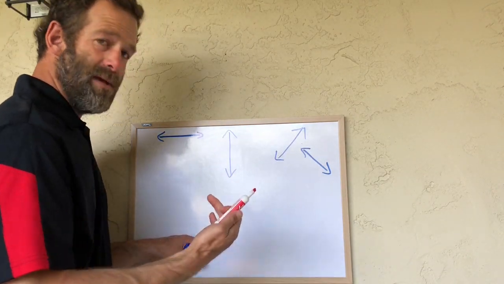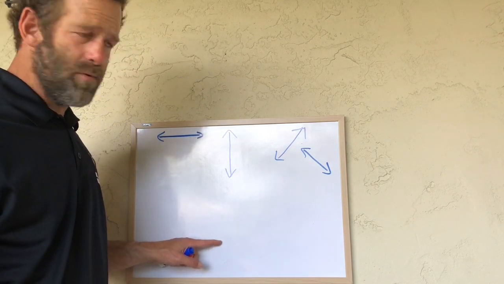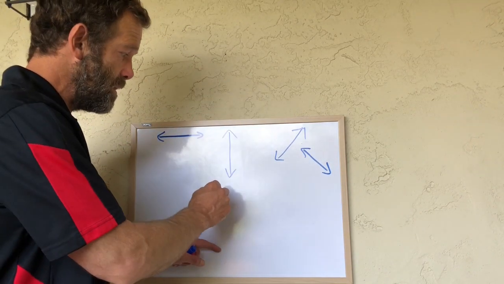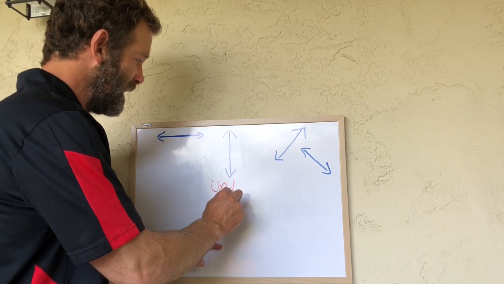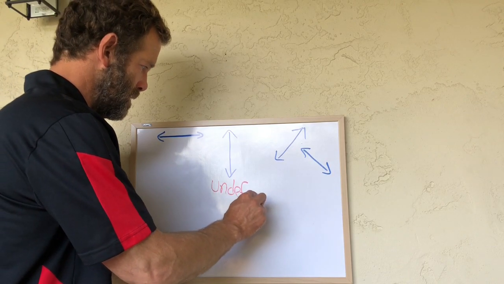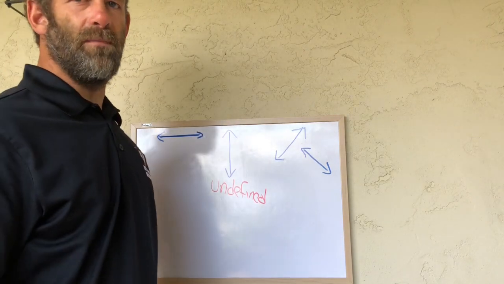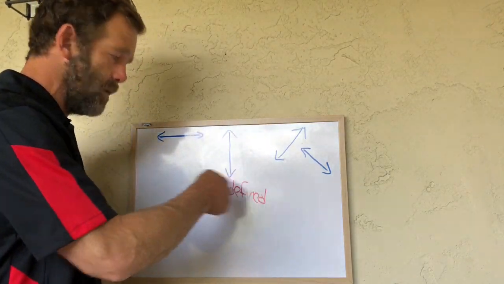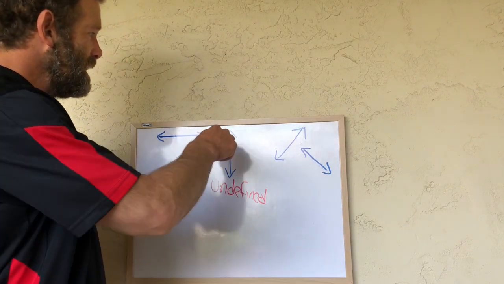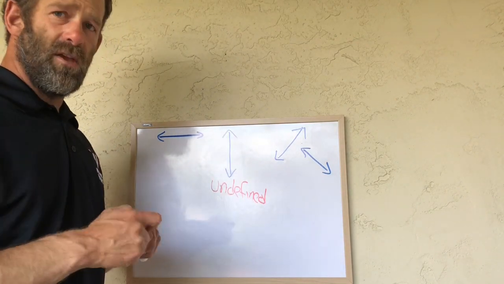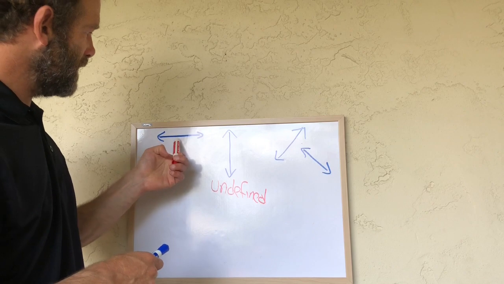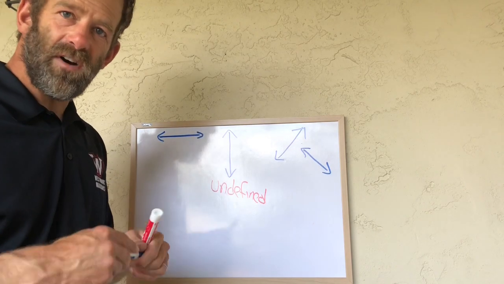In Mathanese, when we can't create a number that goes up and down, it's called undefined. The slope is undefined. We can't find a number to represent the slope. So lines like this are the opposite of this. This has no slope. This has an undefined slope.